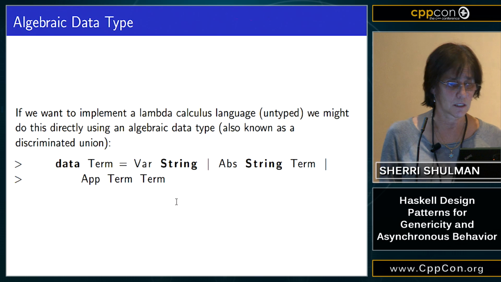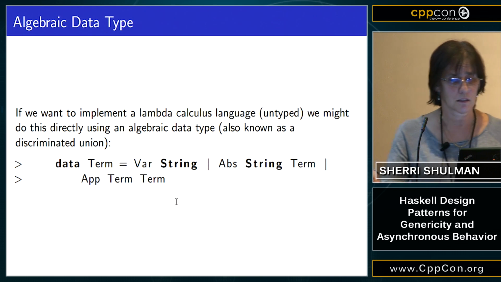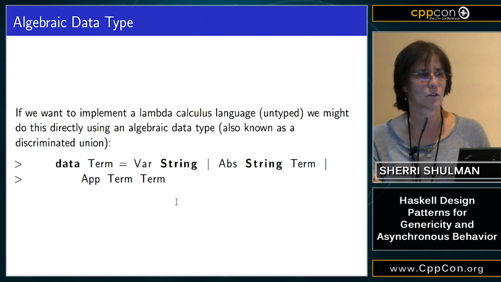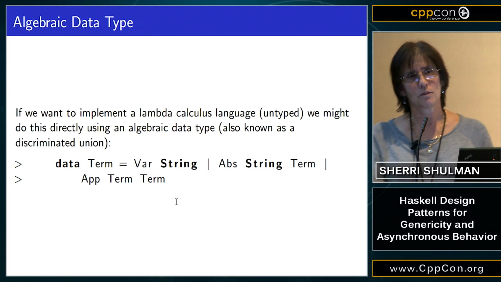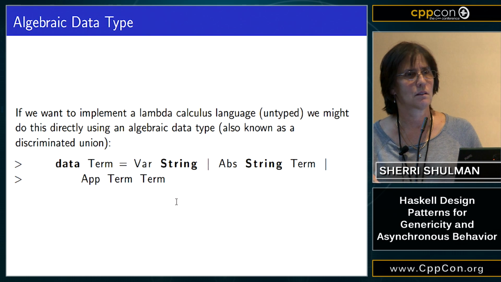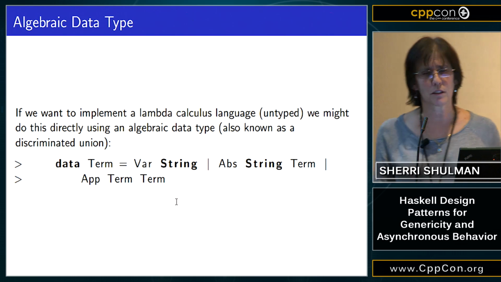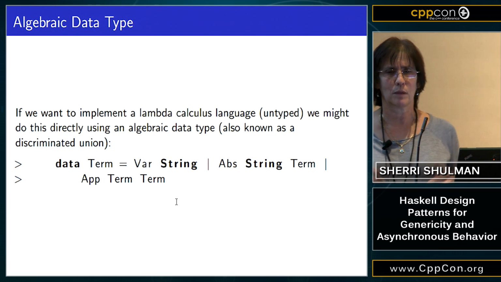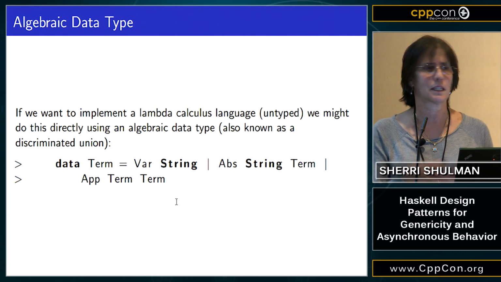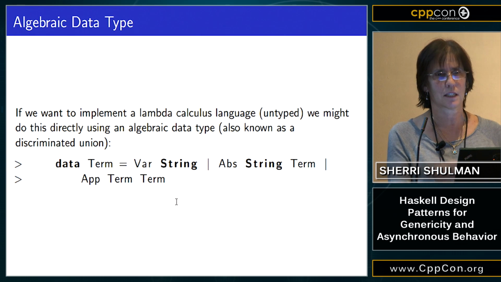Right? If you notice over here, the VAR and the ABS and the APP are called constructors. They're not constructors like C++. They're really value injectors. In other words, constructors in C++ and in Java do make a new value of the indicated class, or a new instance of the indicated class.